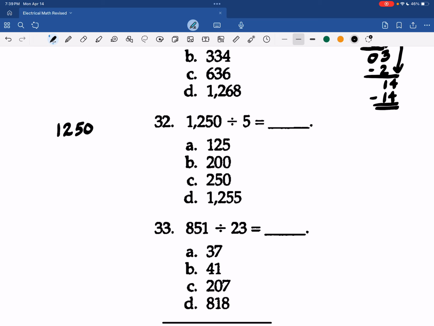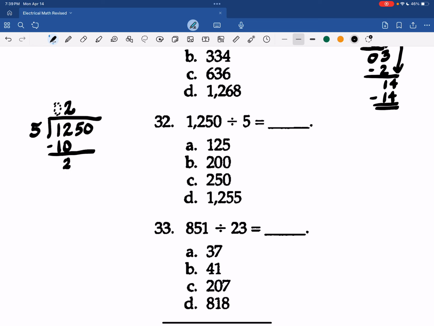1,250 divided by 5. I know it's even because a number that ends in 0 is divisible by 5. 5 into 1 cannot go. But 5 into 12 goes twice. That would be 10.